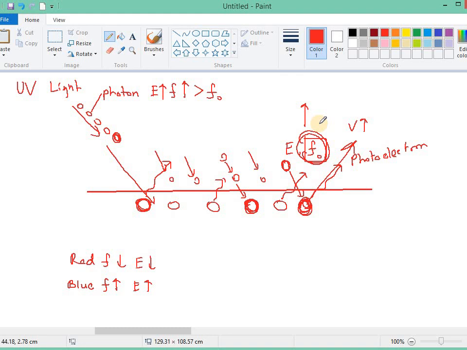The higher the frequency of the light, the greater the kinetic energy of the photoelectron. But of course the frequency must at least be higher than the threshold frequency.